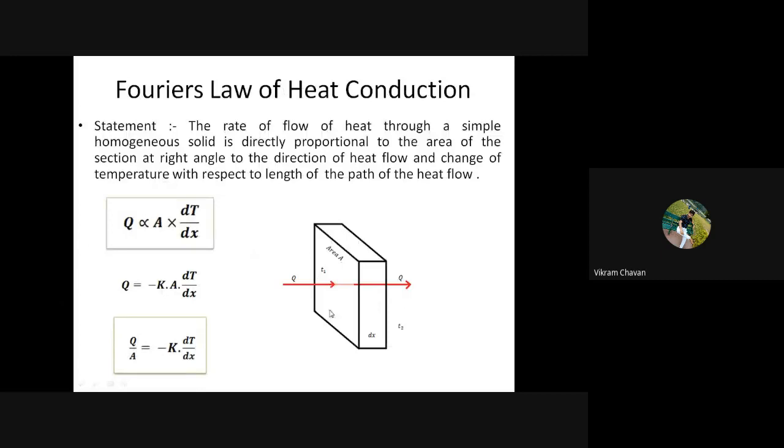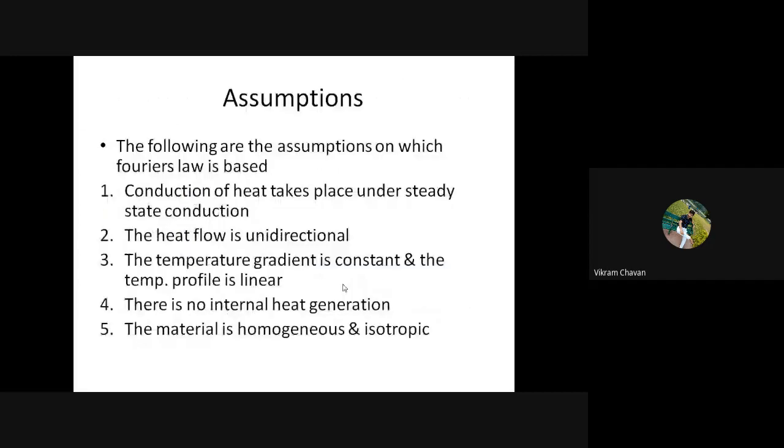In the 3D view, if the temperature here is T1 degrees Celsius, heat can be transferred in this direction also, and in this direction also. In any direction heat can flow, but for the implementation of the law, we need to consider that heat is flowing in one direction only. That is nothing but unidirectional heat flow.